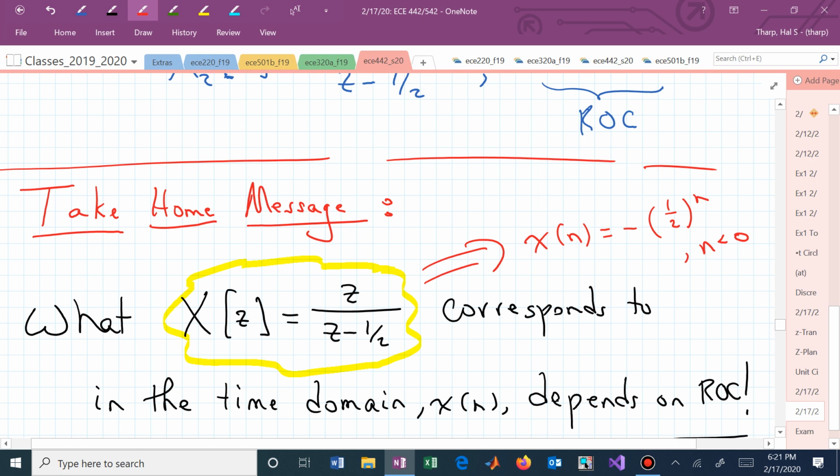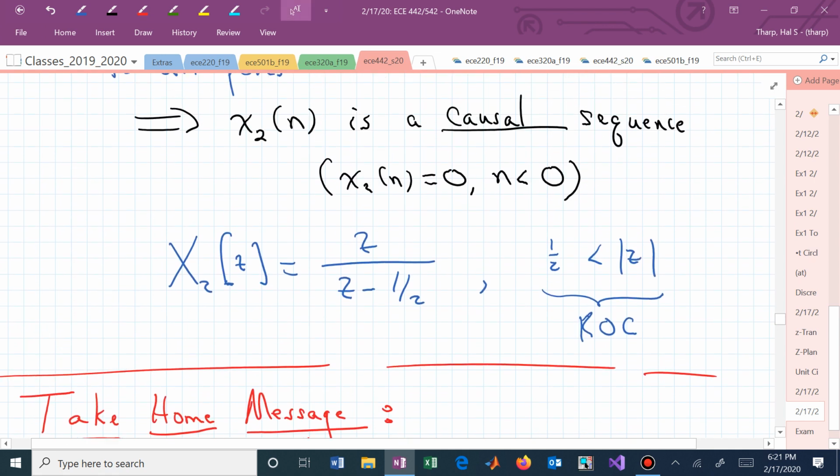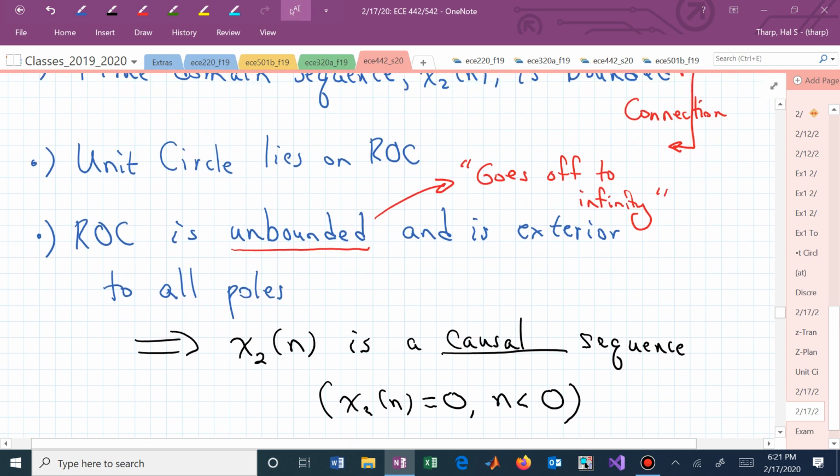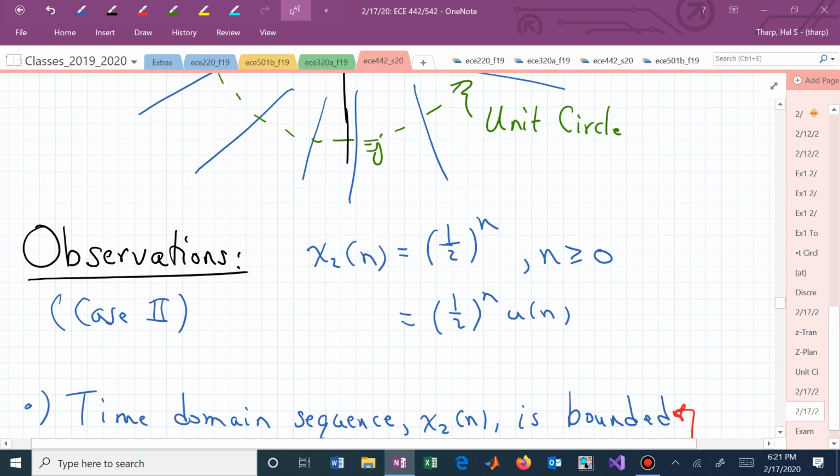And that would still be okay. That would be a valid response, but if we know our region of convergence is outside the pole, then we know what x sub 2 of n equals.